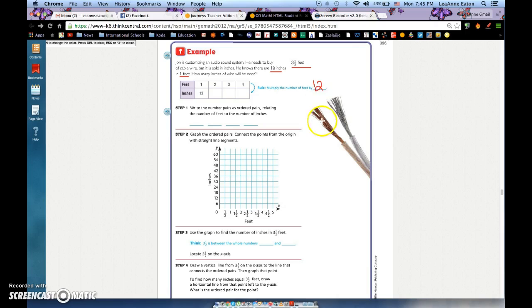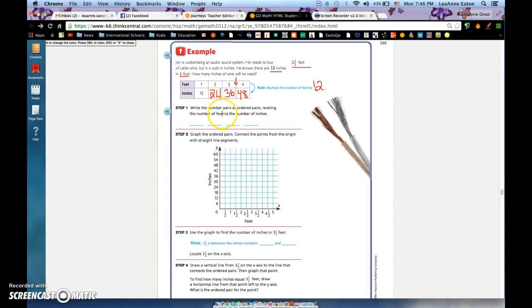So we have to know those 12 times tables. 2 times 12 is 24. 3 times 12 is 36. And 4 times 12, 48. Okay, so he's going to need to buy these 4 feet in order to get his 3.5 feet, because what he needs is right in here, right in the middle of the 3 and the 4.